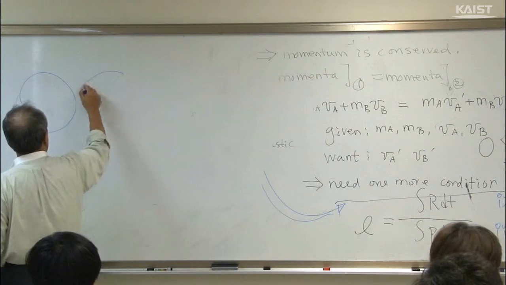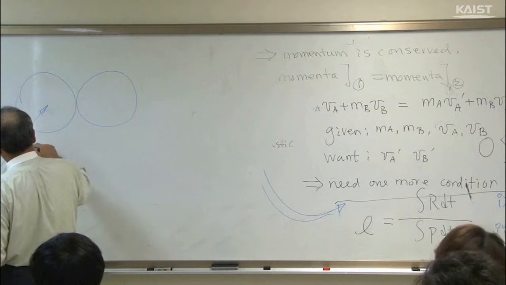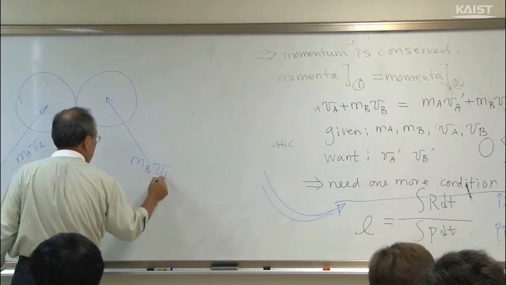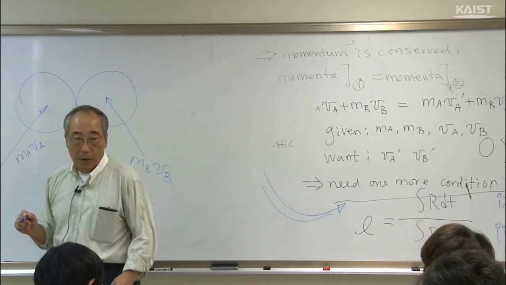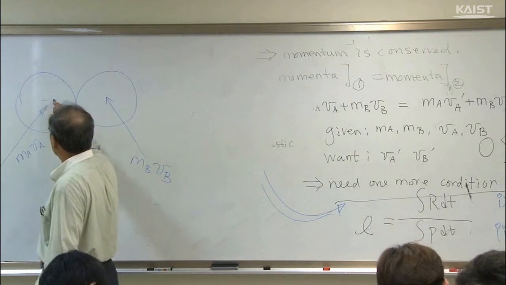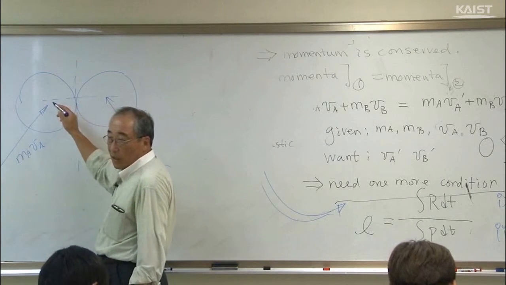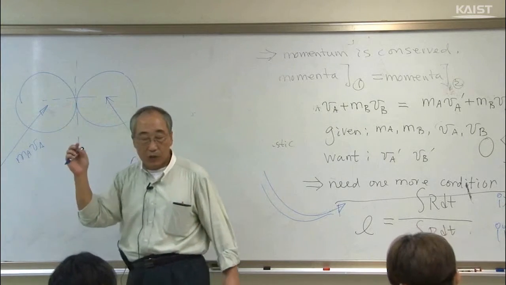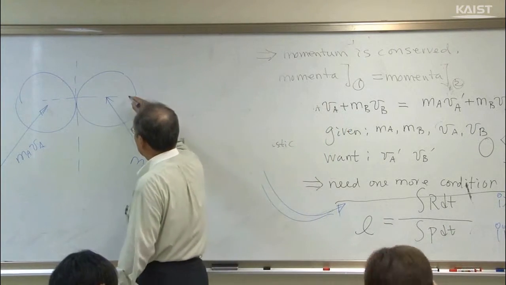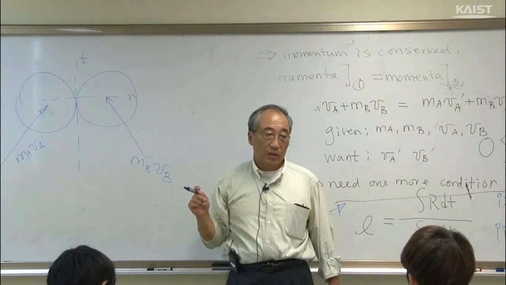Now, what if I have a particle 2, but if this one moves this way, and if this one moves that way, with the momentum of this, they will collide. We define the normal line, normal to the surface of contact, as n, and this is the tangential direction. We call this the impact line, because nothing happens in the tangential direction.